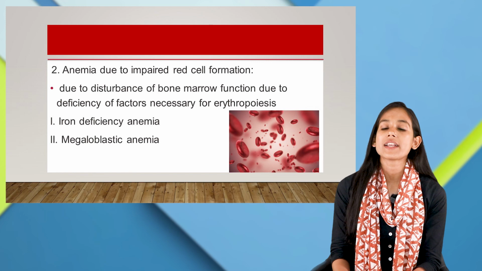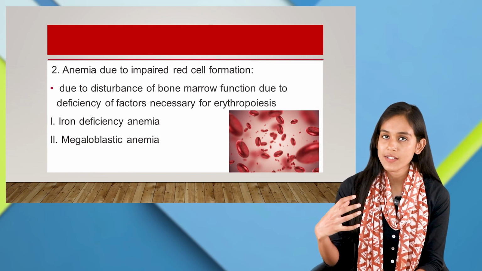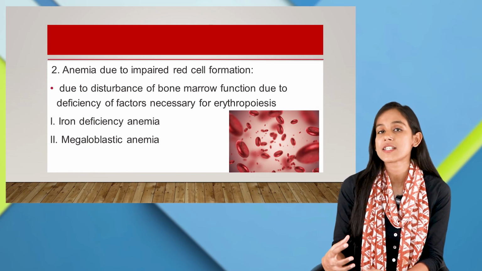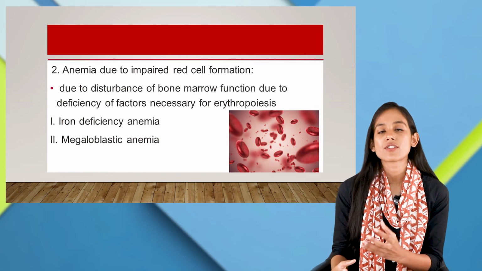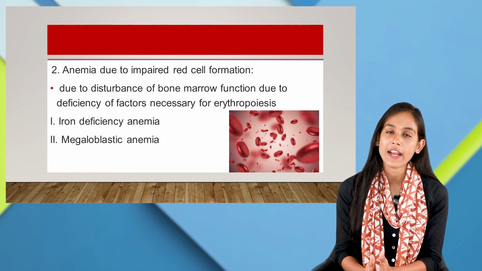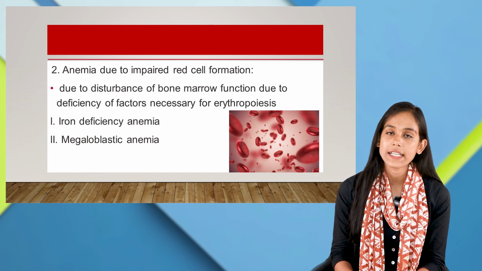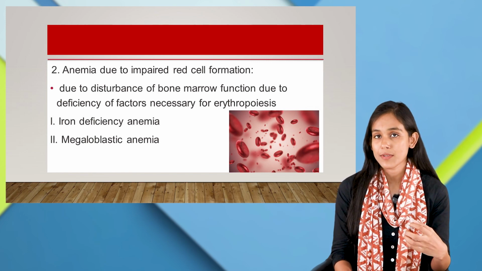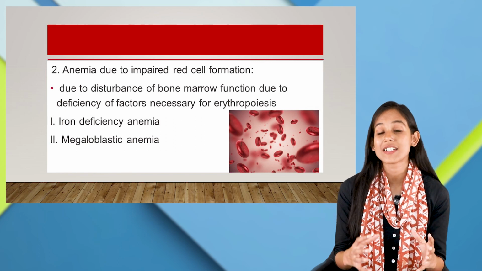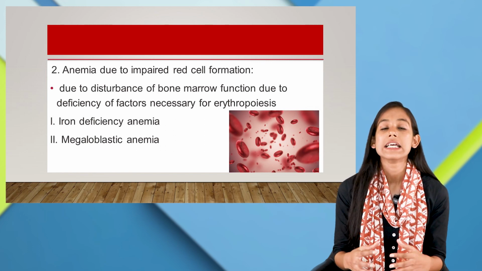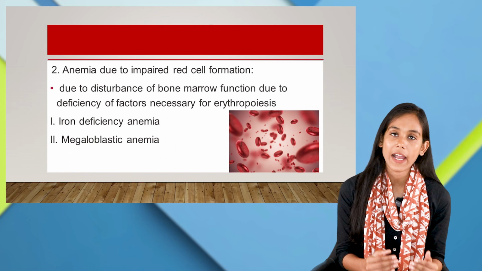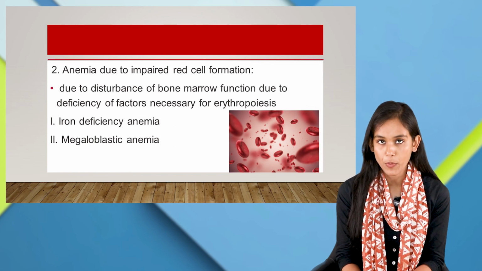And the second one is also disturbance of bone marrow function, but it is not related to the factors necessary for erythropoiesis. So the first one is the disturbance of bone marrow function due to deficiency of factors necessary for erythropoiesis, right?